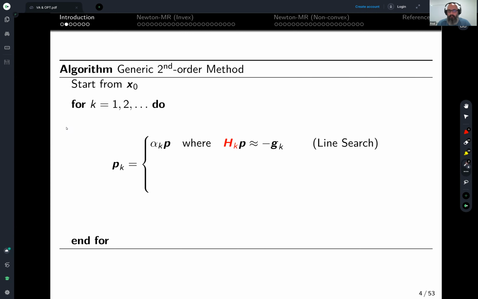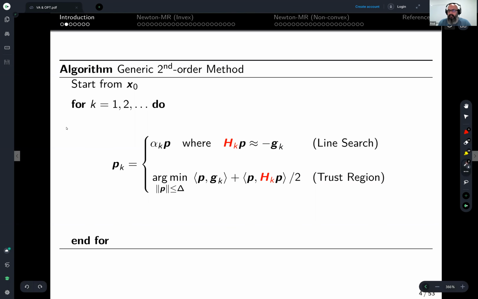Then you choose the appropriate step size and take a step along that direction. The alternative is the trust region framework, where at every iteration you compute the direction and its magnitude all at the same time. It does both steps of line search at once, and you update your iterates and move on from there.